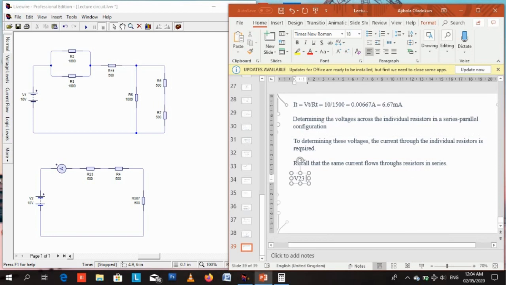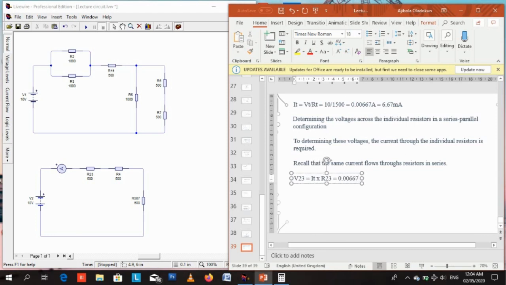So we can easily determine the voltages across these 3 resistors since we know the same current is flowing through them. V23 is the voltage across R23. So V23 equals IT, the total current, which is the same current flowing through all three resistors, multiplied by R23.